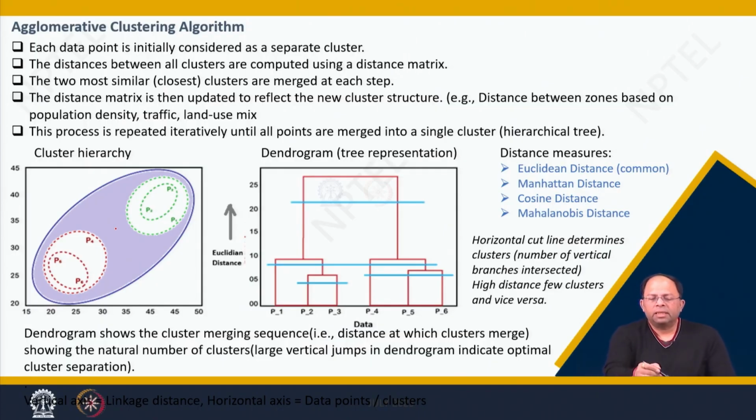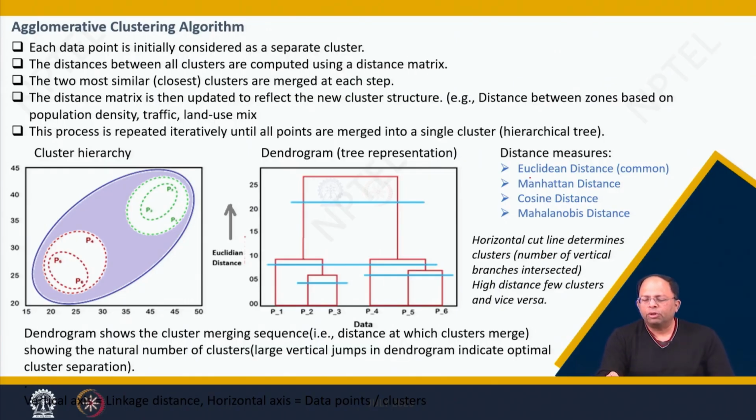So, first the distances between all clusters are computed using a distance matrix. Depending on the number of features the data point has, we have to decide which metric we use, and sometimes also based on the shape or the distribution and so on.